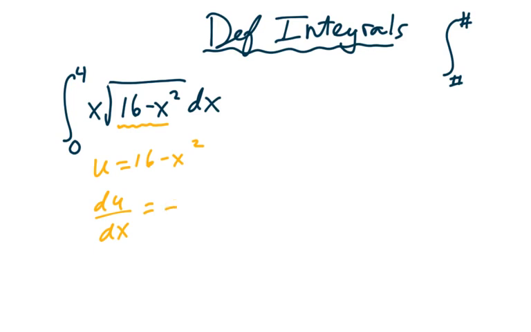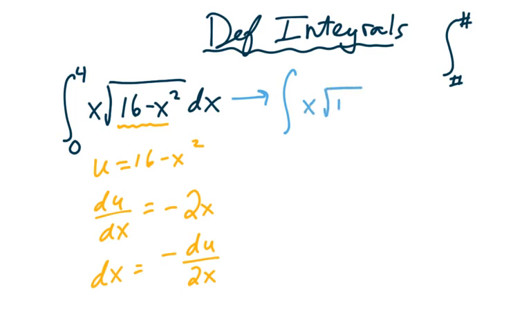All right, derivative of this one would be a negative 2x. Keep going. And get basically dx in terms of du. All right, let's plug everything in. Here we go. This becomes the integral of x, which is just x for now, the square root of, well, that's our u, because that's 16 minus x squared, and dx became negative du over 2x.